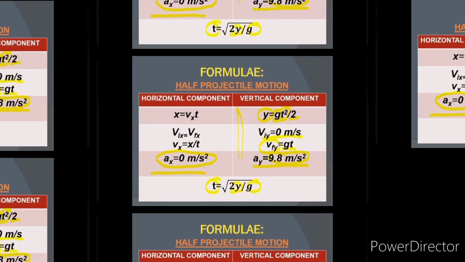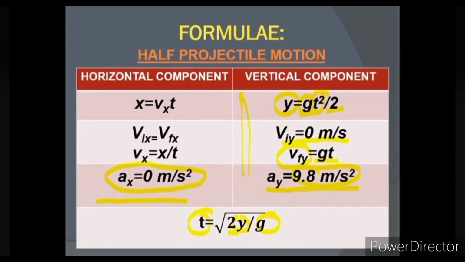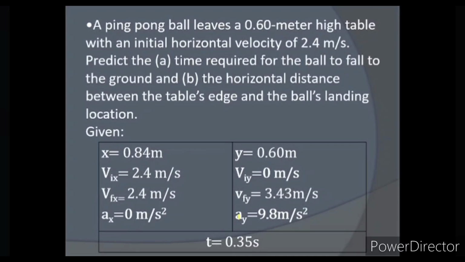Let's try to use the formula by answering this problem. So, let's just read. A ping pong ball leaves a 0.60 meter high table with an initial horizontal velocity of 2.4 meter per second. A, predict the time required for the ball to fall to the ground.